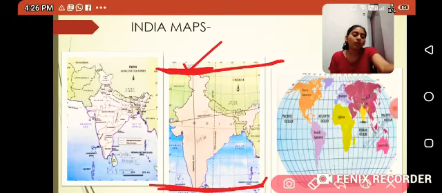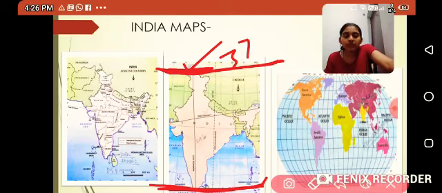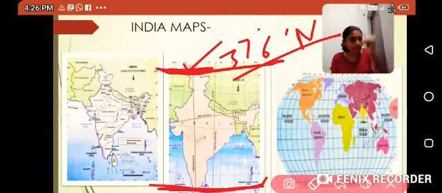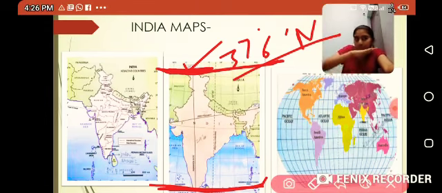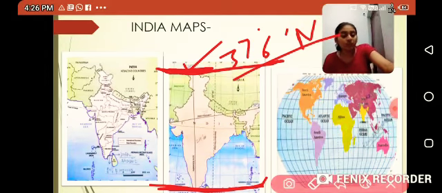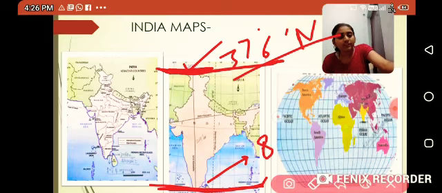The latitude passing through Kashmir has a value of 37 degree 6 minute north, and the southmost latitude of India, passing through Kanyakumari, has a value of 8 degree 4 minute north.